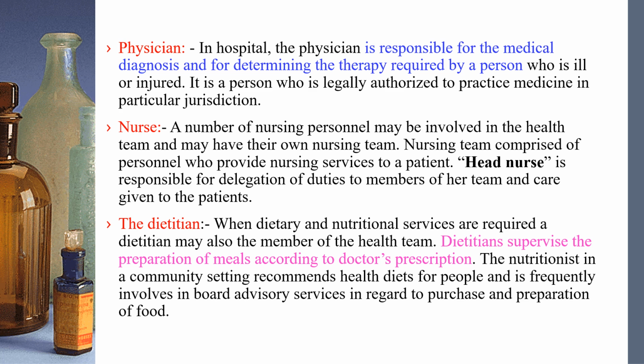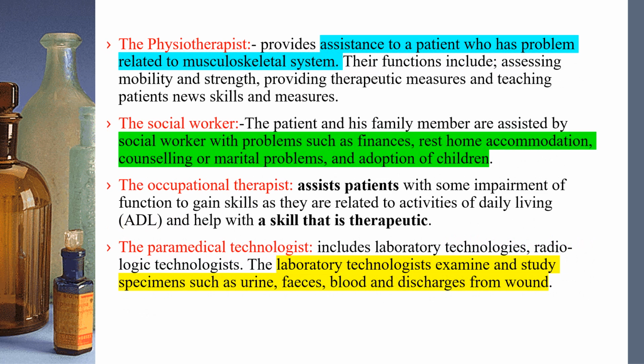Okay, then comes the dietitian who will be giving the diet according to the patient's illness. So all those things of food will be looked after by the dietitian. Next one is the physiotherapist who will be assigning the patient or helping the patient with respect to musculoskeletal system.